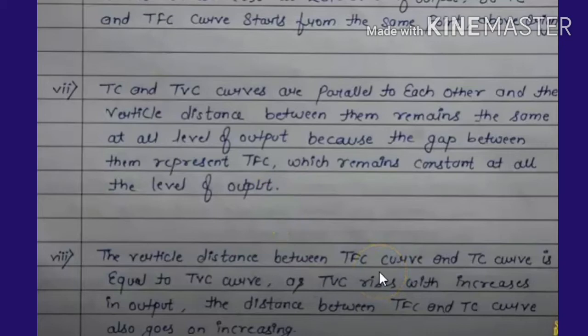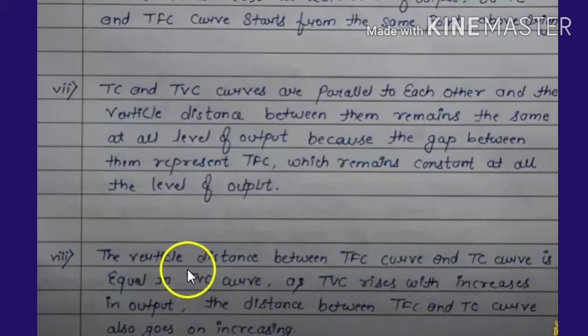You can see in the table that by adding the same TFC, the TC curve has been represented. It is the same as the TVC curve, and TC will be above the TFC curve, in the same direction and the same shape.